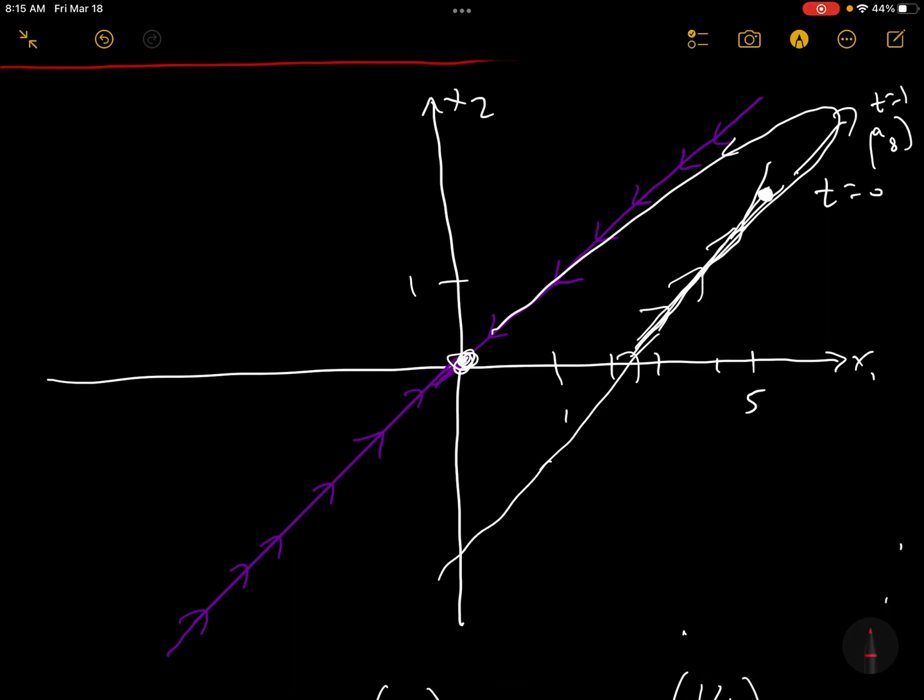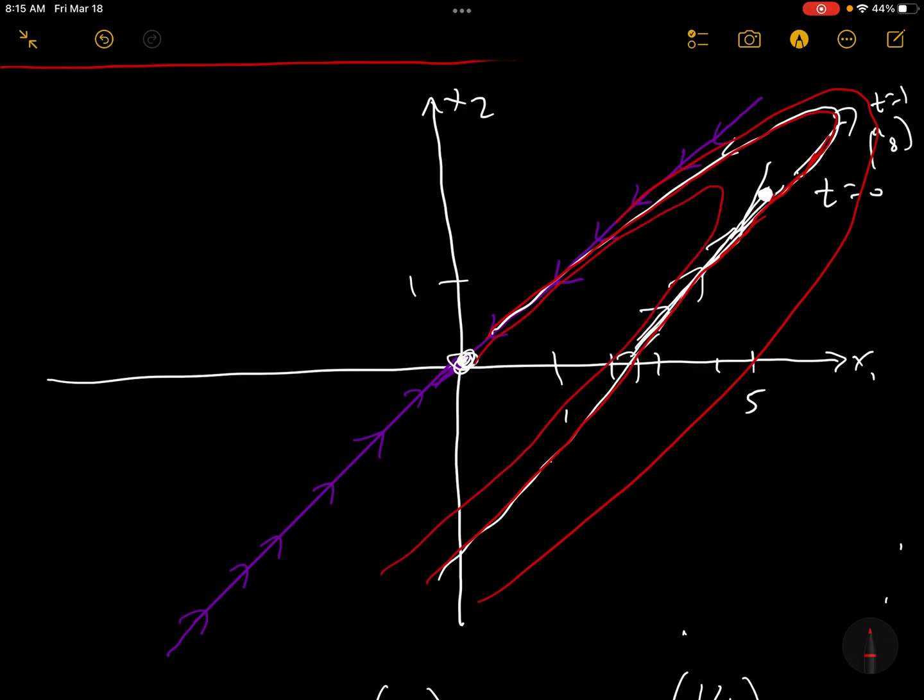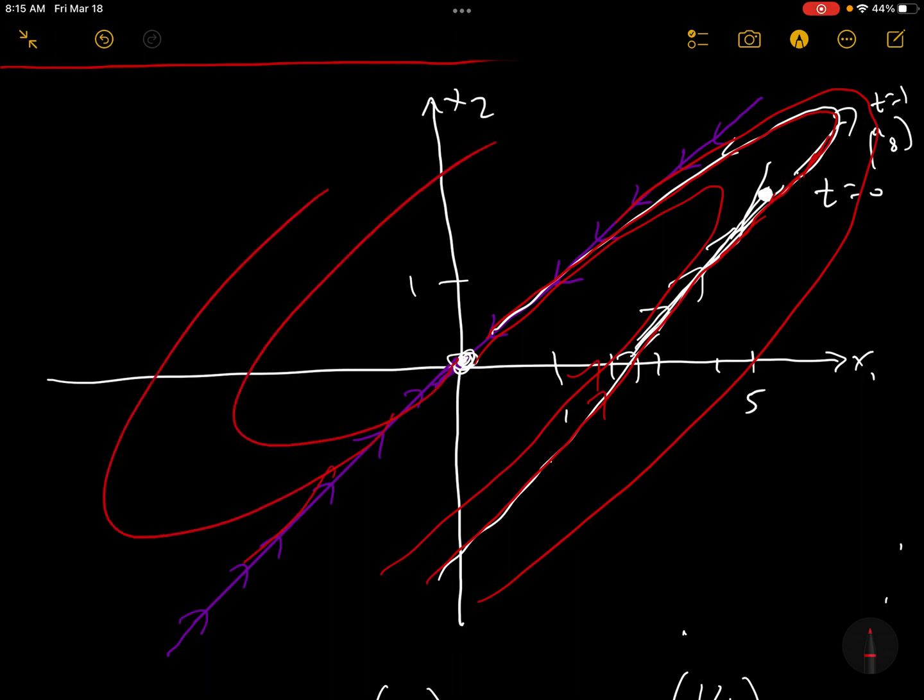So here's my trajectory. It's heading off to infinity in this direction, but at some point the e to the minus 3t takes over and sends it back home. So all of them are going to look like this. And once you get the one side, you get the other side for free. Voila.